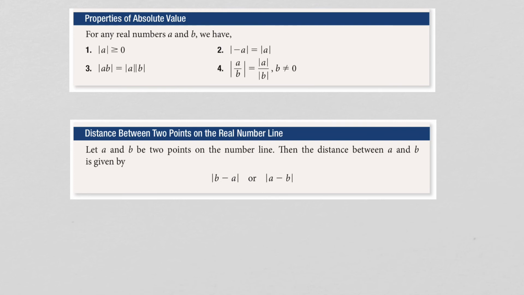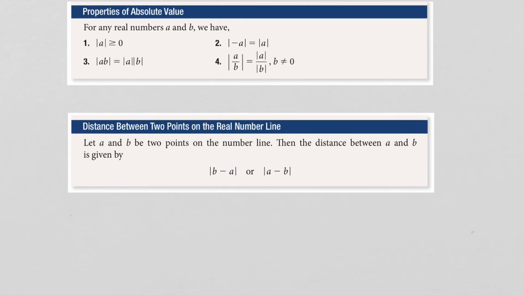And then we have, for the last property with absolute values, that if a and b are two points on the number line, in other words, if a and b are two numbers, the distance between a and b is given by either the absolute value of b minus a or the absolute value of a minus b. It doesn't matter which one you use. So a quick example of that: let's suppose that I'm looking at the numbers -4 and +5 on the number line.